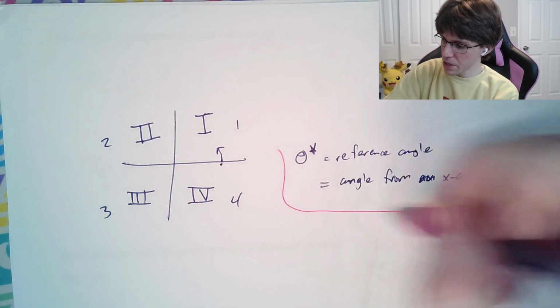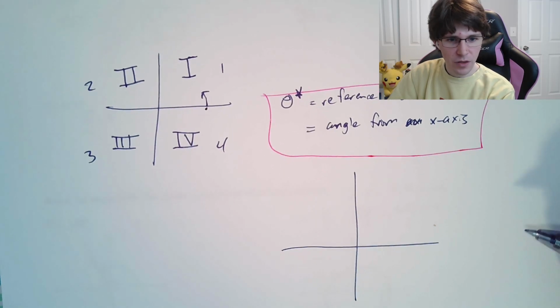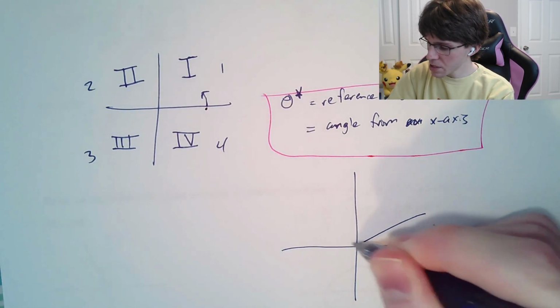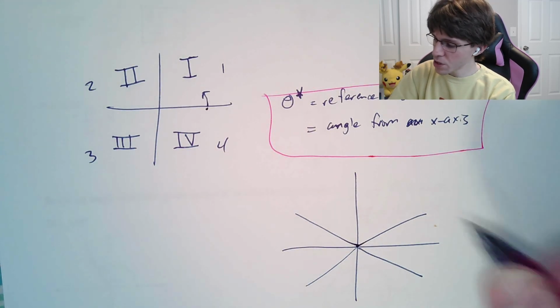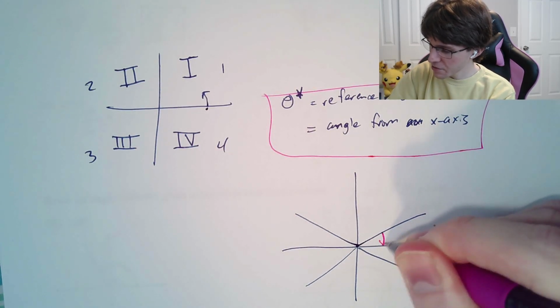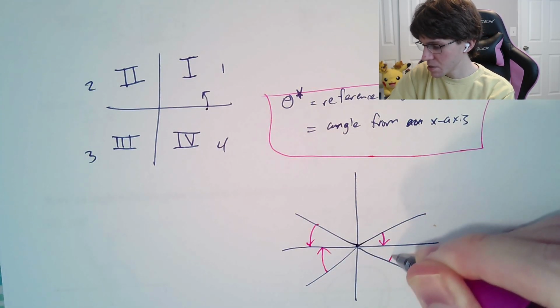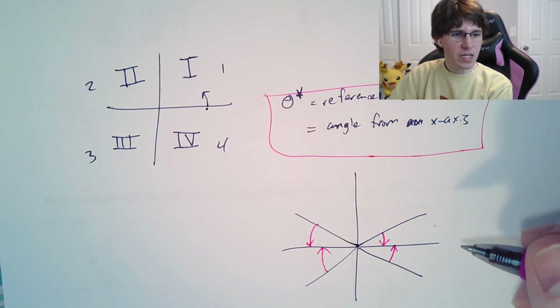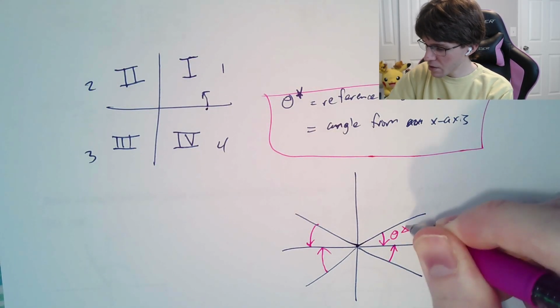No matter where you are, there are 4 places you could be: the first quadrant, the second quadrant, the third quadrant, or the fourth quadrant. But if I go directly towards the x-axis from these lines, any of these that go directly towards the x-axis are all going to be my theta stars.